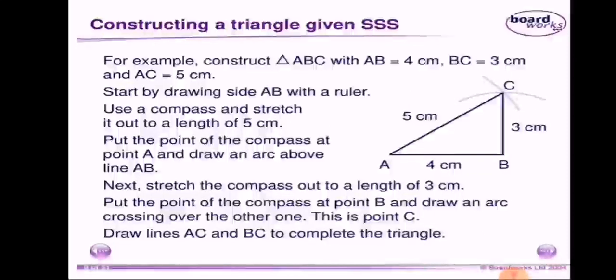Put the compass pointer at A and draw an arc above the line AB. Now again take the compass and stretch it to 3 cm. Put the compass pointer at B and draw an arc to cut the drawn arc of 5 cm. You will get the point C. Now join A to C and B to C to complete the triangle.